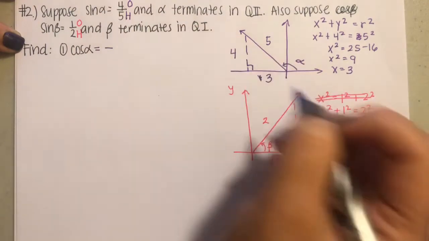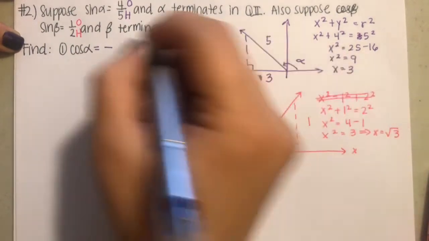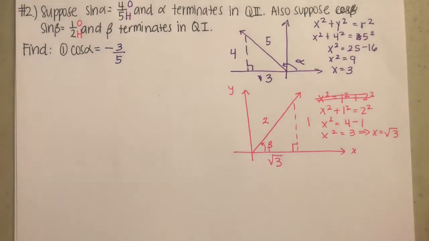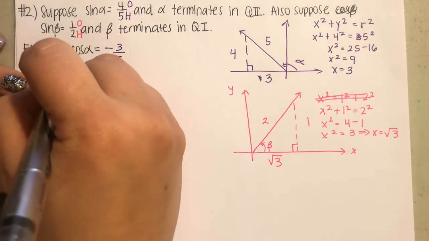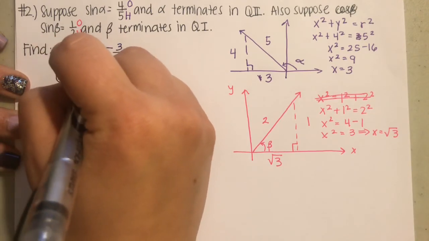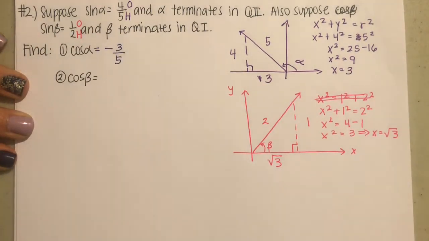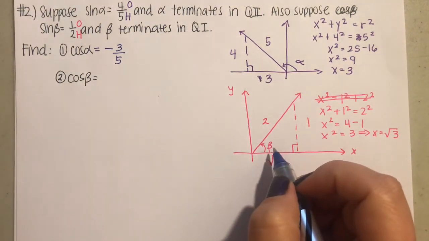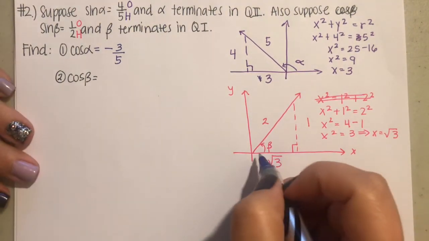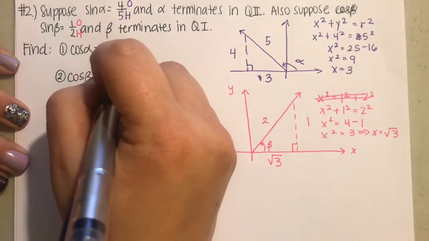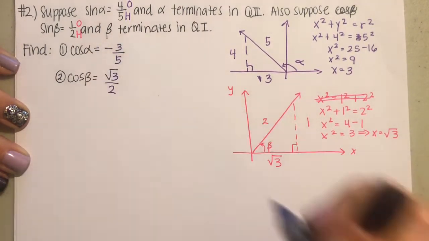Cosine is negative in the second quadrant, so that's negative 3 over 5. Okay? Very similar for the second part of that question. It asks us for cosine of beta this time. And again, similar idea. We're in quadrant 1. We don't have to worry about a plus or minus change. But from here, we have adjacent over hypotenuse. So that's root 3 over 2.